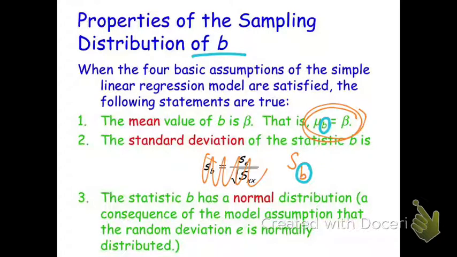Every sampling distribution that we've done, whether it's proportion, mean, or now linear regression, is always equal to the population. The mean of my p hat was p, the mean of my x bar was mu, and now it's beta. So essentially it's just the population.